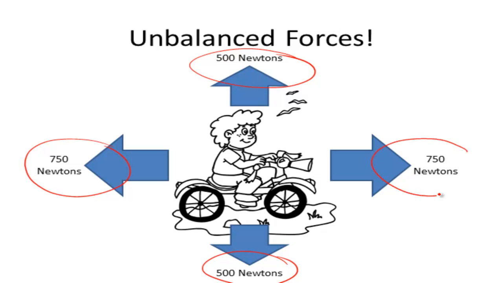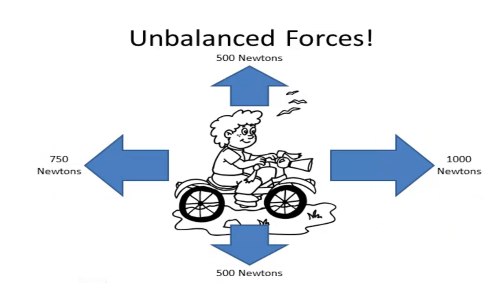And to balance that frictional force, the rider was applying a forwards force, or a driving force, of 750 newtons in the forwards direction. When we added up all of those forces, we ended up with a net force of 0 newtons, which meant that the motion of the bike remained unchanged.